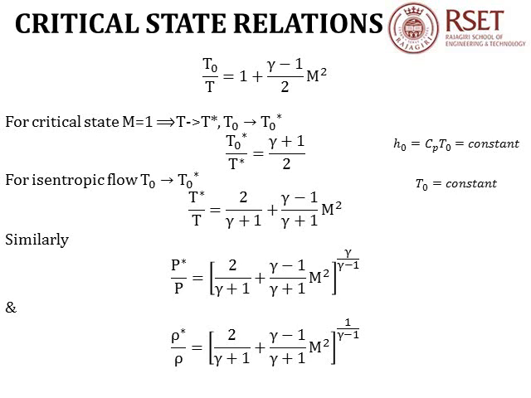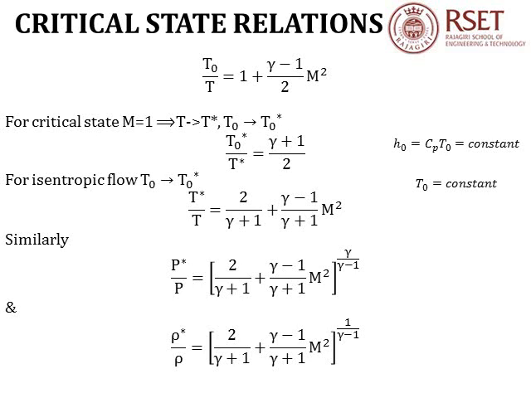Since this is isentropic flow, the PVT relationship for isentropic flow holds good here also. So we can write P star by P is equal to (T star by T) raised to gamma by (gamma minus 1).